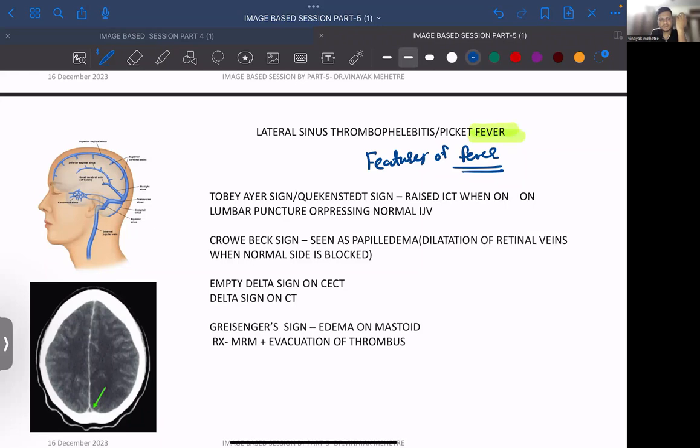Papilledema has happened, blurring of vision will be there, so these are the hints to catch lateral sinus thrombophlebitis.